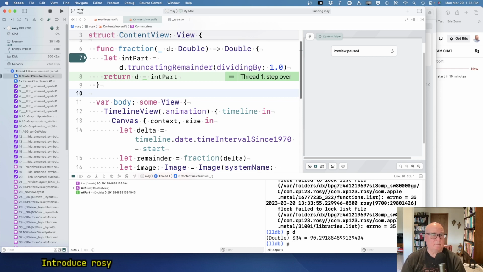Oh, wait. Int part is truncating remainder. Oh, that's the part we want. Okay, let's just return that.